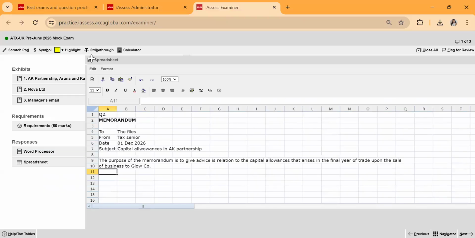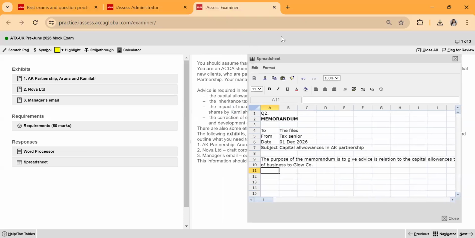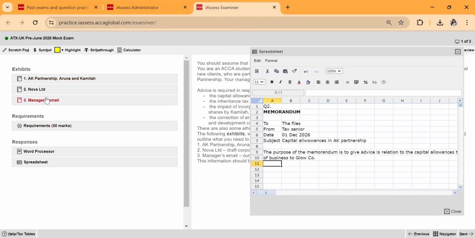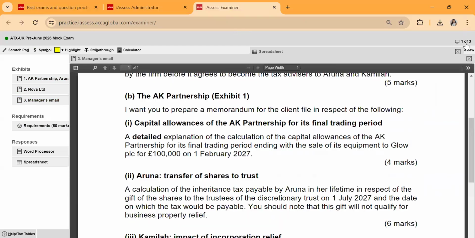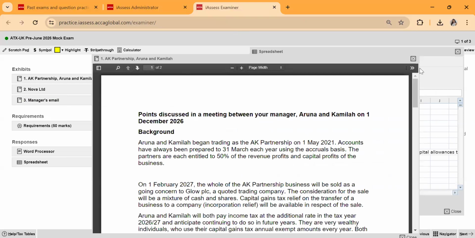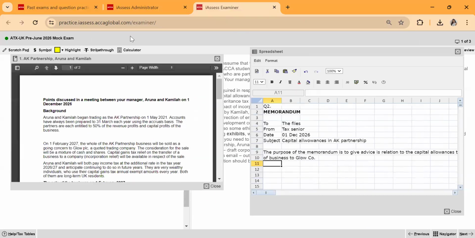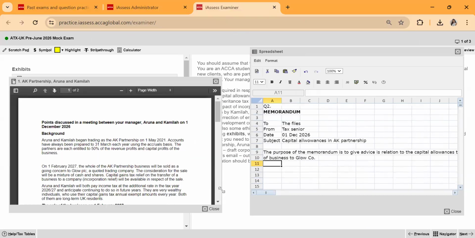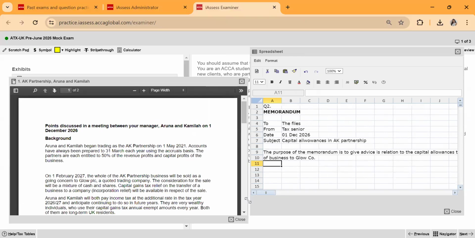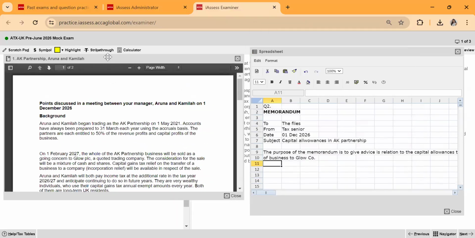Or we can do one thing: keep it like this and open the exhibit, so we will be doing it in parallel. Okay, so now I hope it is clear.